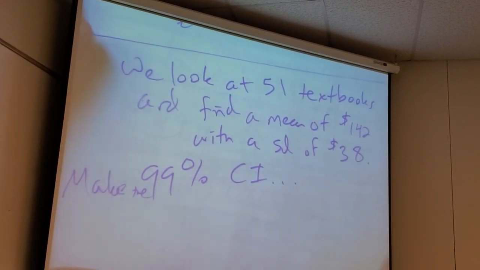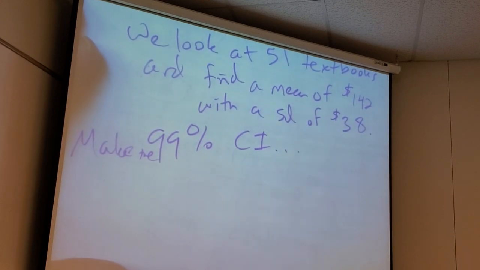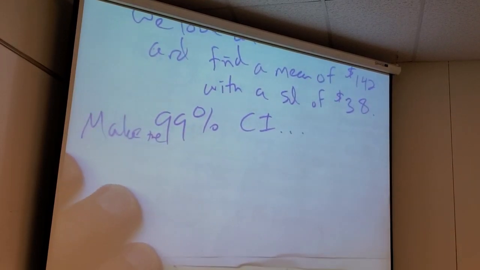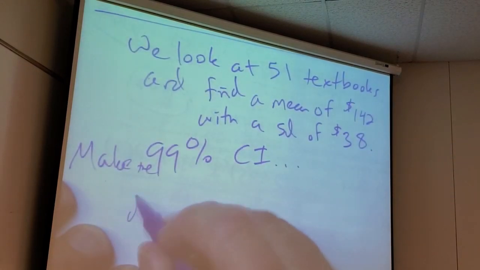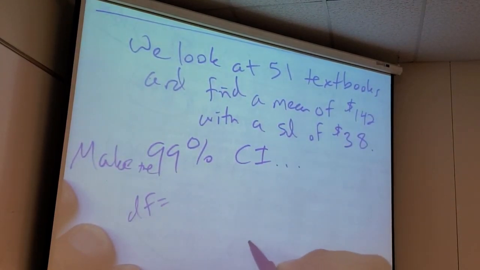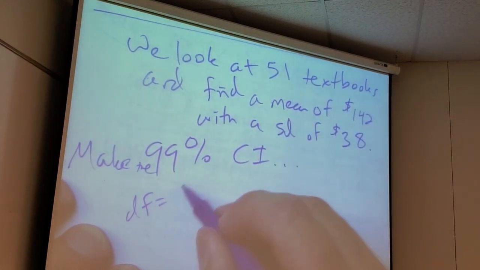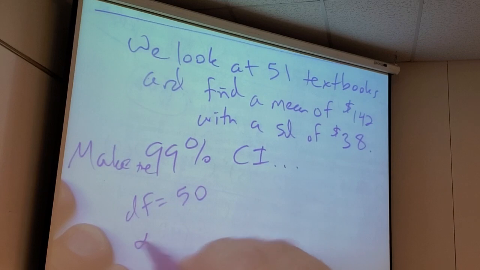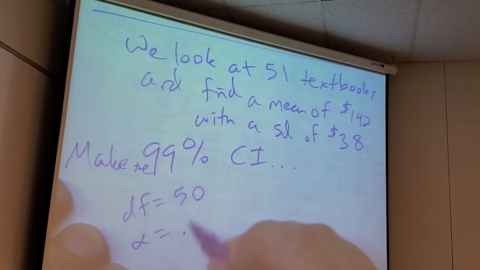Okay, guys, help me out. All right, I'm sorry, I mostly talked there. Did you guys look up the T-score yet? What's the degrees of freedom? 50, right? N minus 1. What's alpha? 0.01.